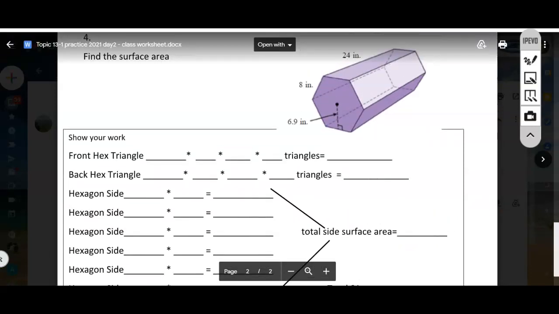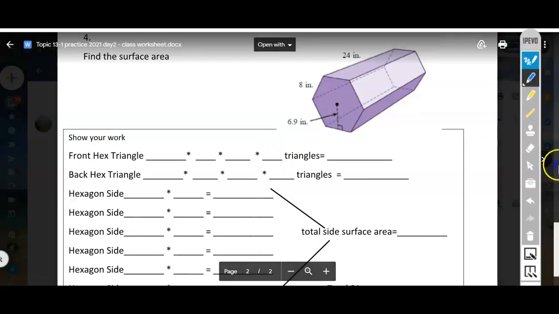So go. Okay, so what we had to start with was breaking down this base hexagon into triangles. So we said 1/2 times 6.9 times 8. When I did that, that's the area of one triangle.